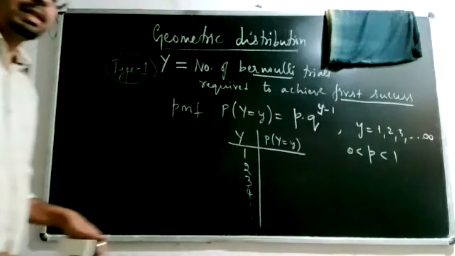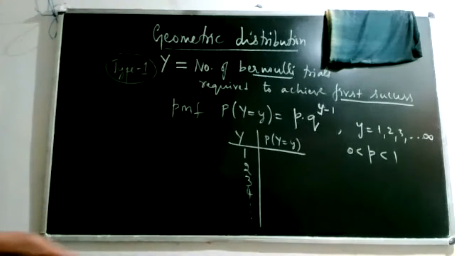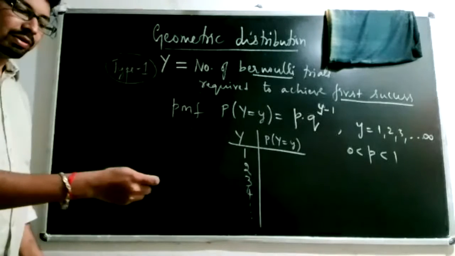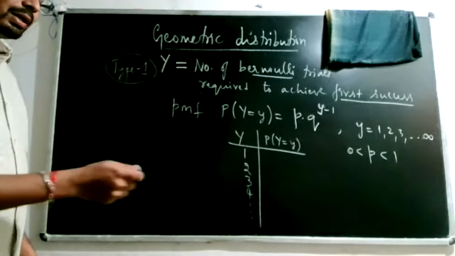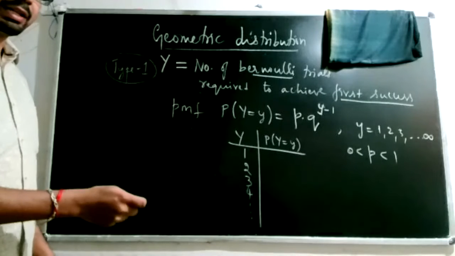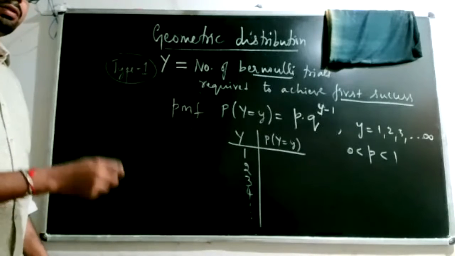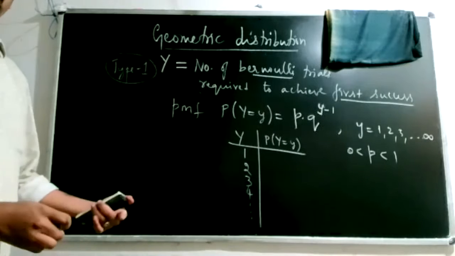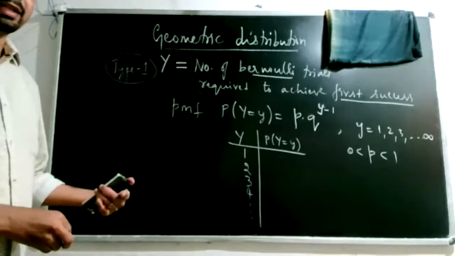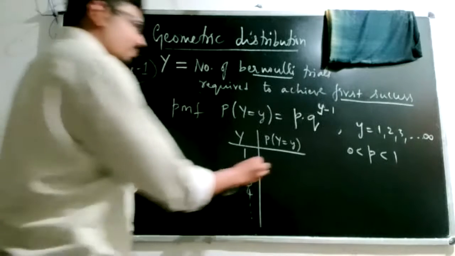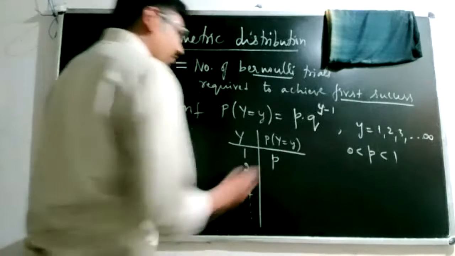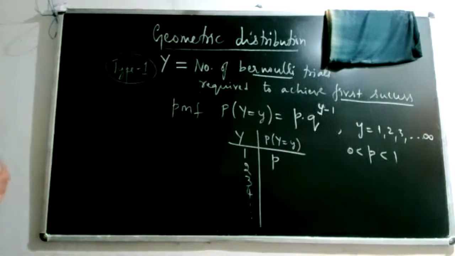Now we know that the trials are independent. If I toss the coin and by chance I get the success, the head, in the very first trial, what is the probability of getting head in the coin? The probability of getting head is p. So the probability of getting the success in the very first trial is p.